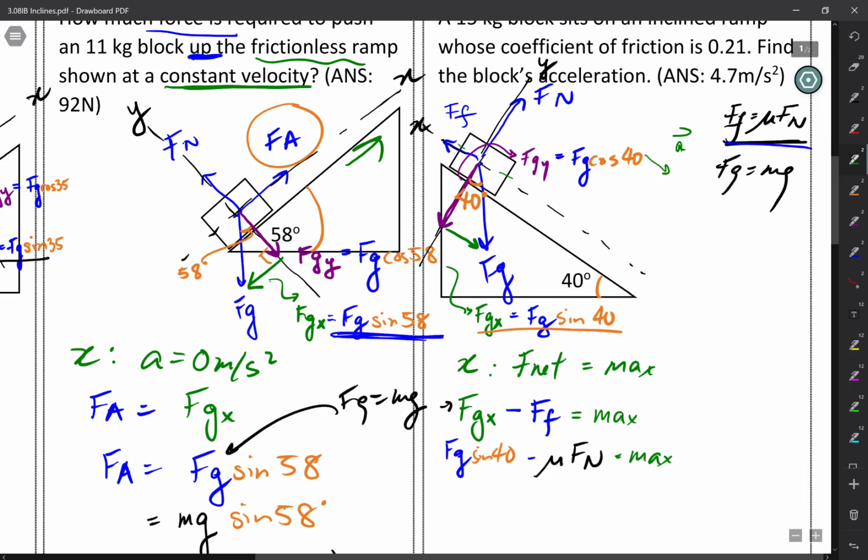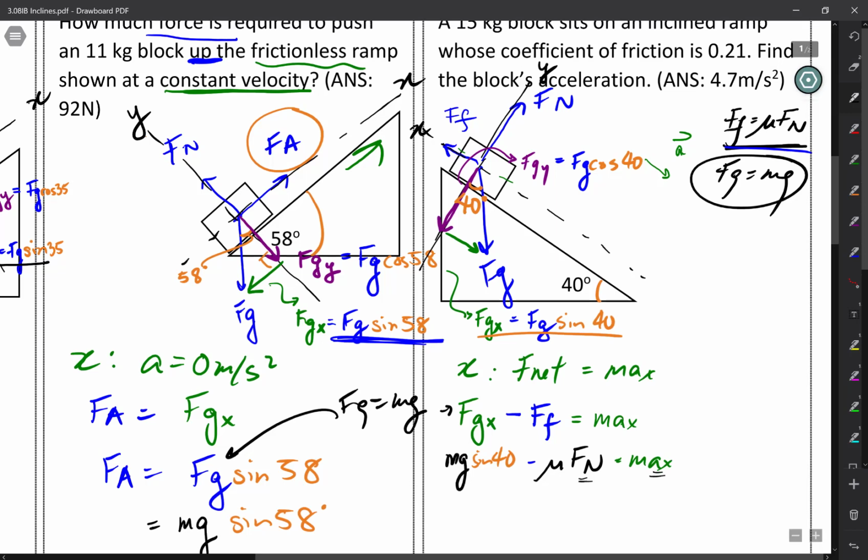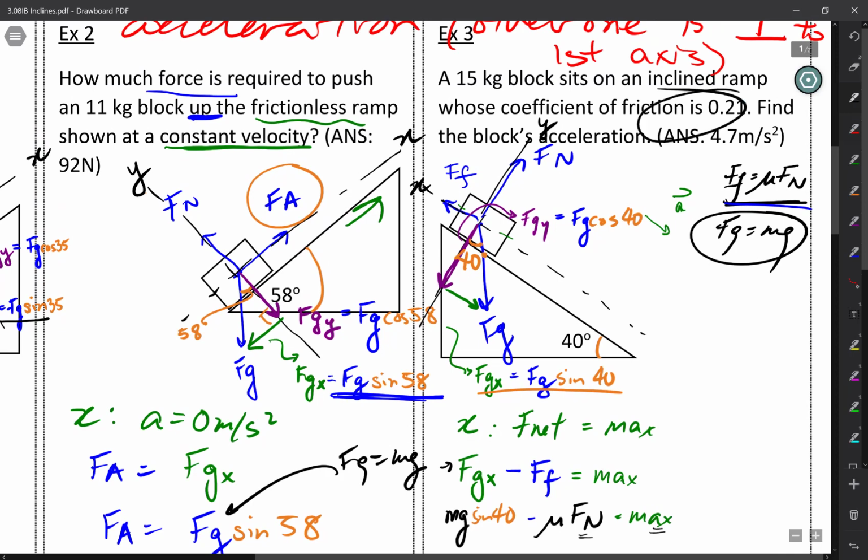In fact, I can even change this Fg and make it mg, just to make things even easier. So I'm substituting Fg in here as mg as well. So it looks like we have everything to solve for a except the Fn, because we have mu. Mu is given to us in the question: mu is 0.21.